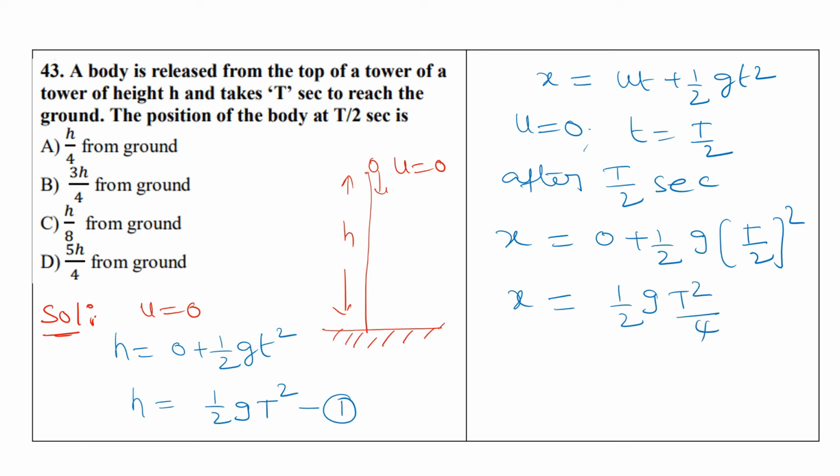From equation 1, h is equals to half g T square. So in the place of half g T square writing h, it becomes 1 by 4 into h. So x is equals to h by 4, since half g T square is equals to h. Okay, now finding the position of the body with respect to ground.